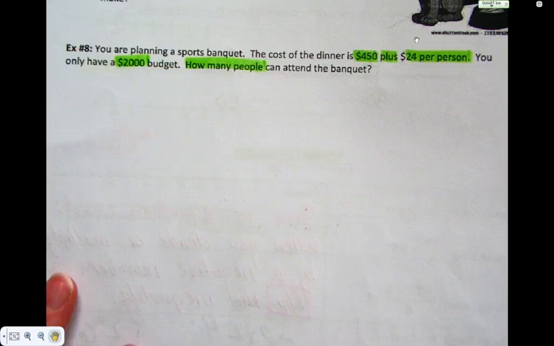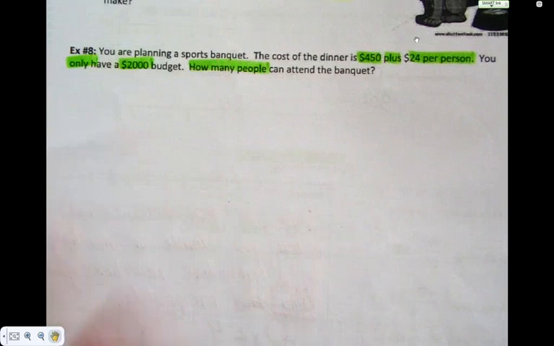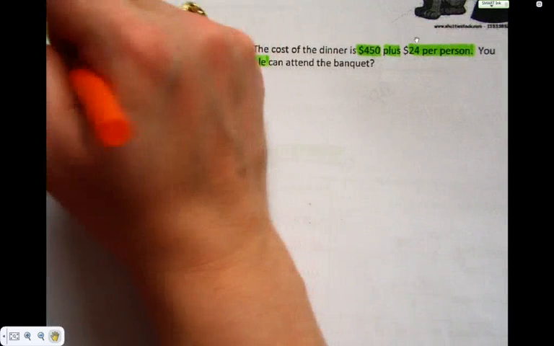Still one more key word. Only, and we're going to box that. That tells you it's an inequality.